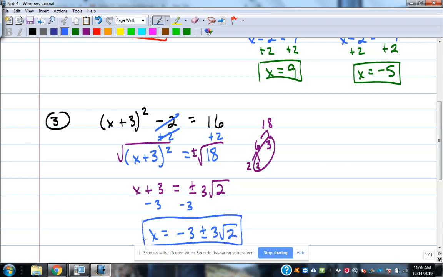That's two separate answers. That's negative 3 plus 3 square root of 2 and negative 3 minus 3 square root of 2. If we needed to get the decimal approximations for it, later on we'll do that when we get into some graphing and some word problem type situations. We could just work that out with a calculator. But this is the exact solutions, and those are the ones that we want for this stuff. Okay.